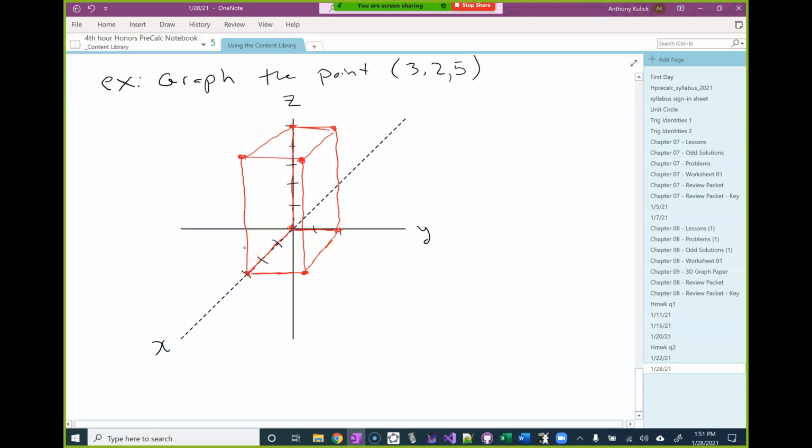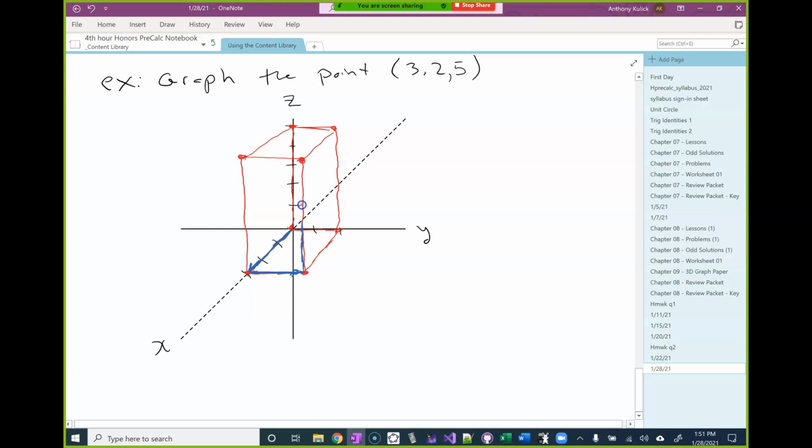Everybody okay with what I've drawn here? So where is the point that I've actually graphed? Well, let's see. We start at the origin, and we go 3 in the x direction. Then we go 2 in the y direction.